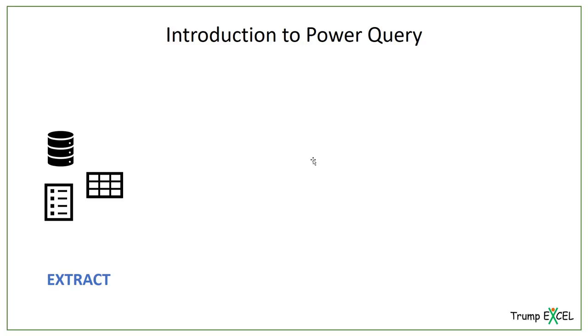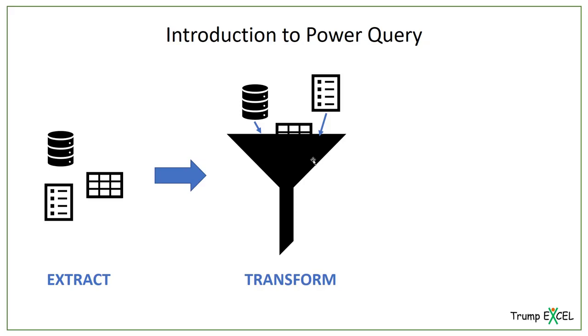Once you have the data, you need to transform the data, which means that if you have additional columns that you don't need, then you need to remove those columns, or if you have duplicate data, or if you have blanks or errors, you need to remove the data and create it or transform it in a way that it can be used to do meaningful analysis. So for example, if you want to create pivot tables out of it, then you need to have the data in a pivot ready format.